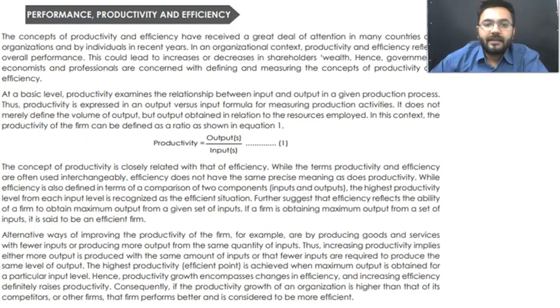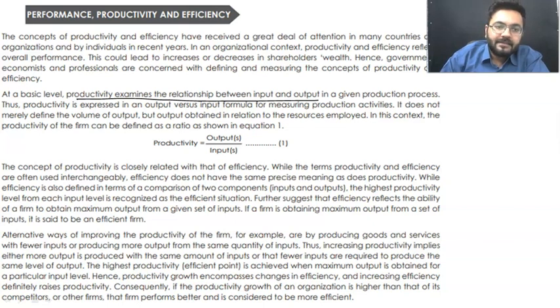So the next part, this is all about what is written over here. Let me mark a few things. Productivity examines the relationship between the input and the output. Output versus input, that is the ratio. It defines the volume of output in relation to the resources employed.